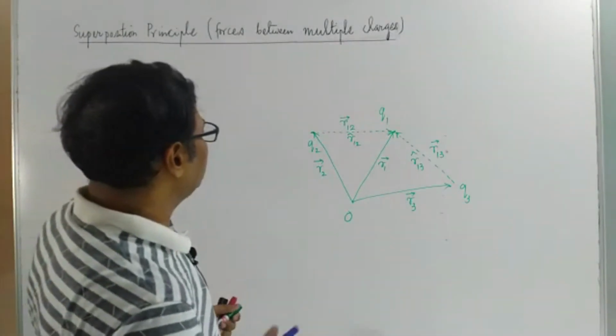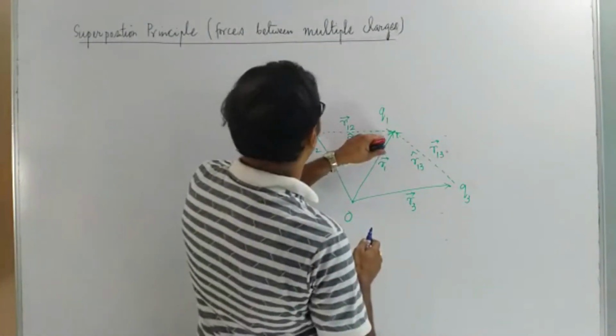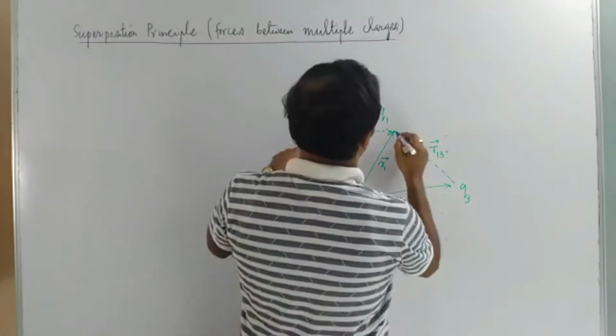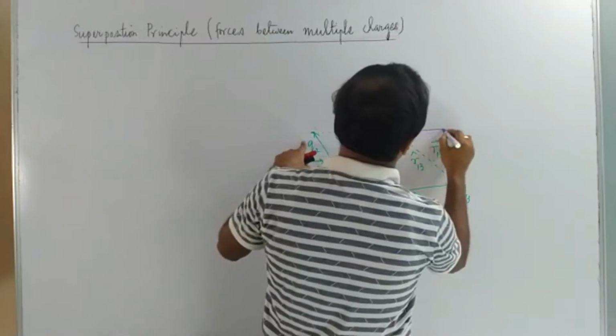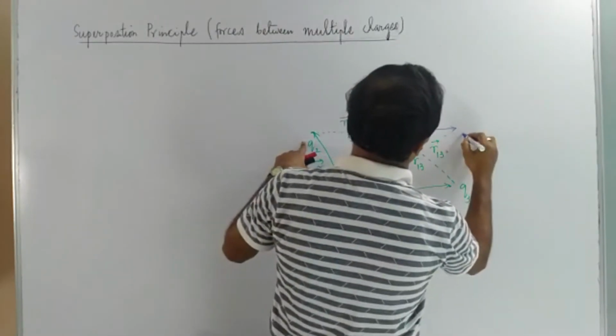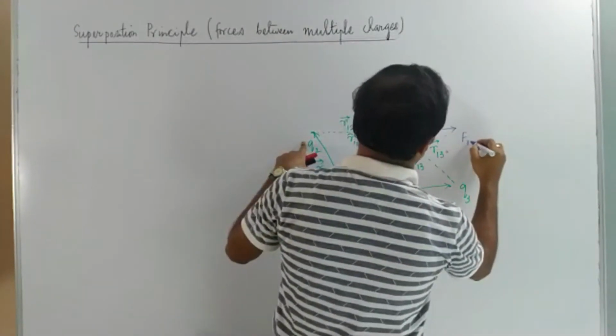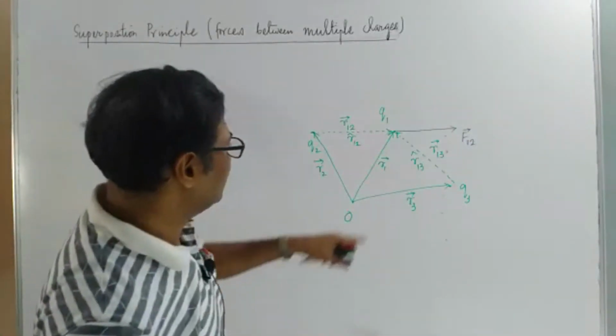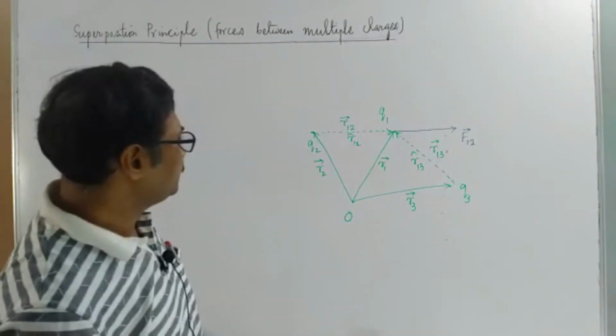If we now consider the force on Q1 due to Q2, that will be acting in the outward direction, which is given by F12.